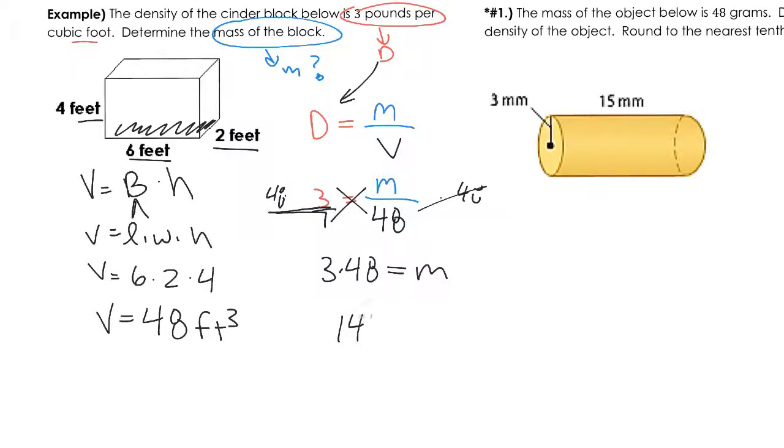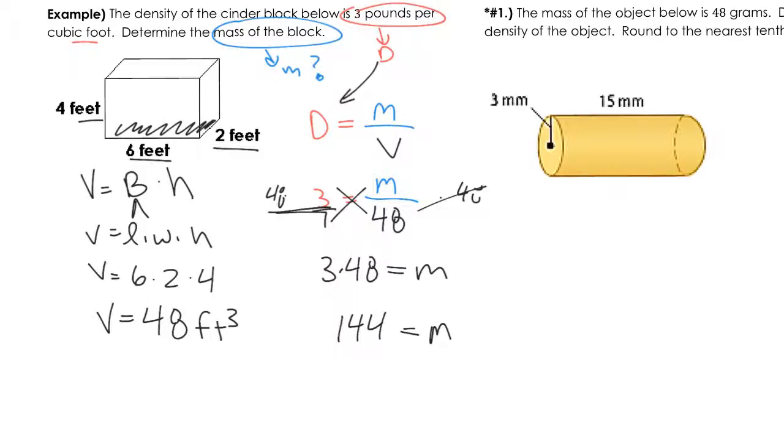3 times 48 is 144, and that's the mass of our cinder block. Now, always put units on it. Going back to our example and our question up here, it said 3 pounds. So that's our unit for mass. So I'm going to make sure I add that in.